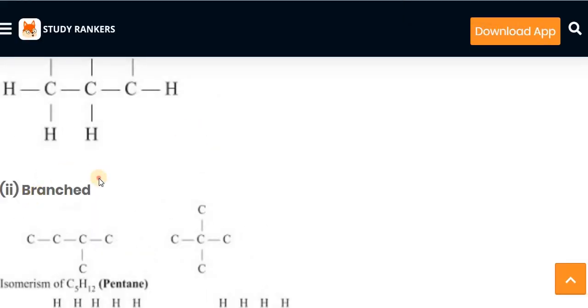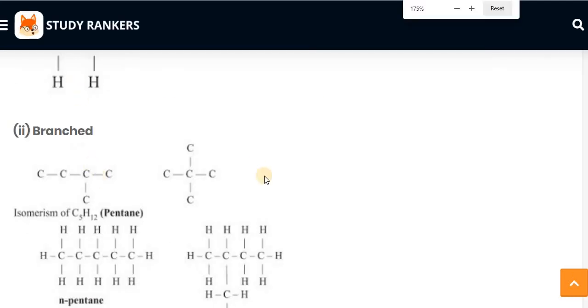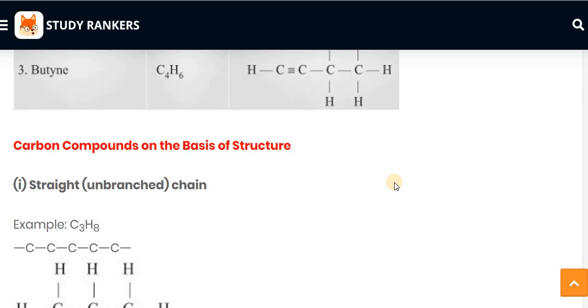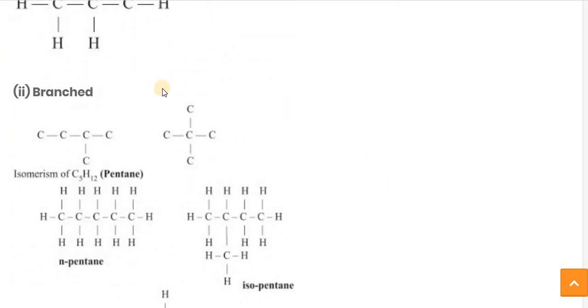Here you can see the simple structure. It is the example of isopentane, and the rest is hydrogen.